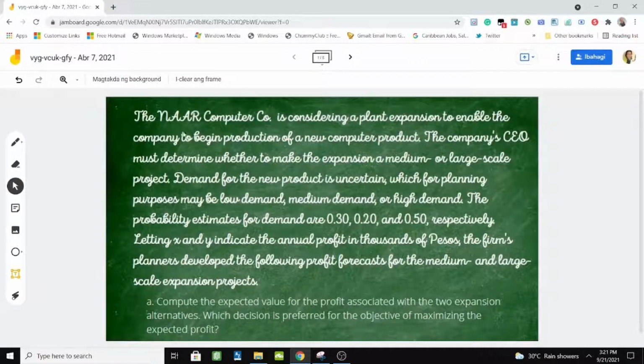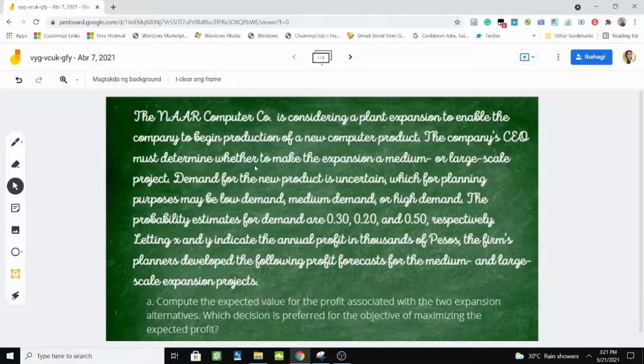So then, our computer company is considering a planned expansion to enable the company to begin production of a new computer product. The company's CEO must determine whether to make the expansion a medium or large-scale project. Demand for the new product is uncertain, which for planning purposes may be low demand, medium demand, or high demand.